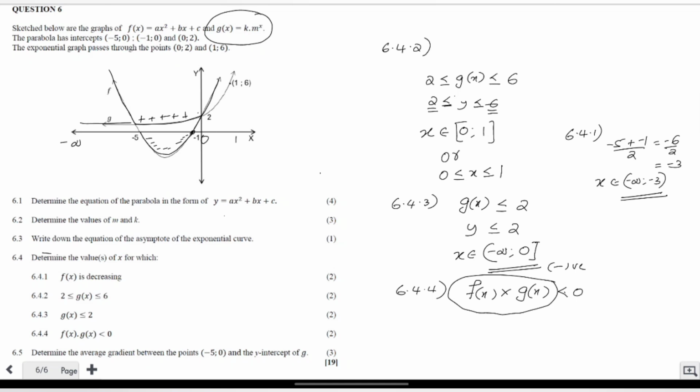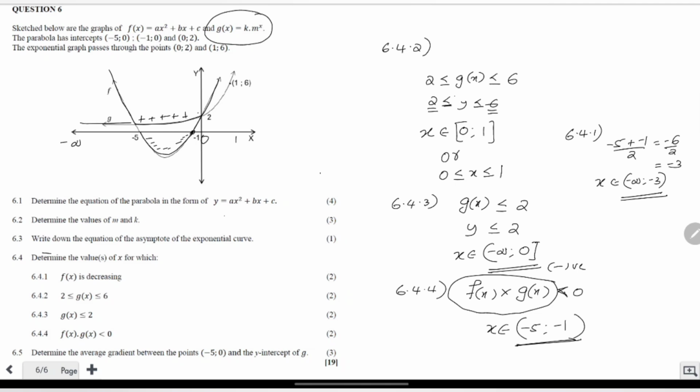So the answer is starting from minus 5 up until minus 1. There's no closed bracket because this inequality doesn't have an equal to sign. So the answer is x from minus 5 up until minus 1, open brackets.